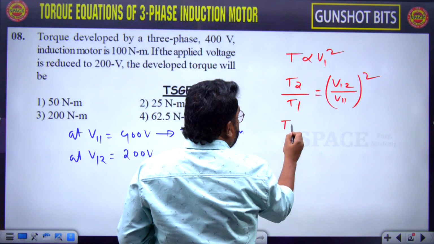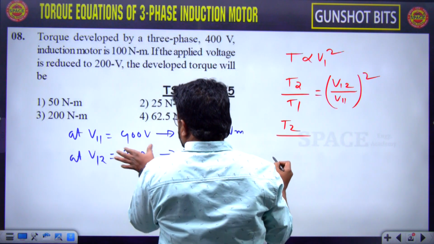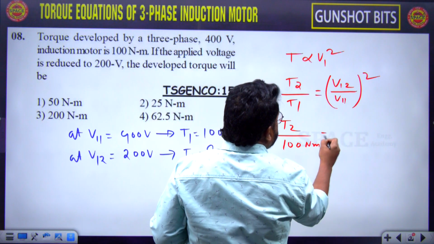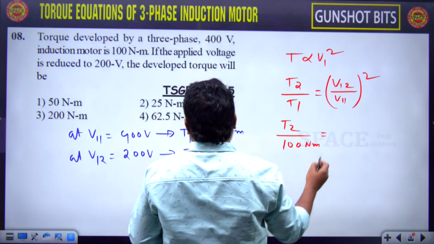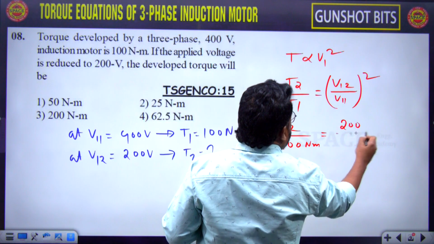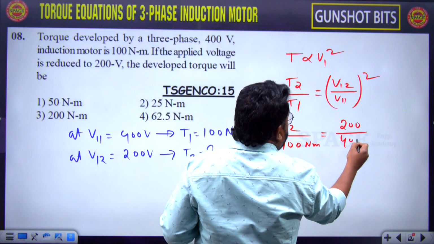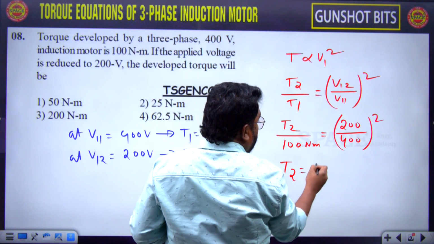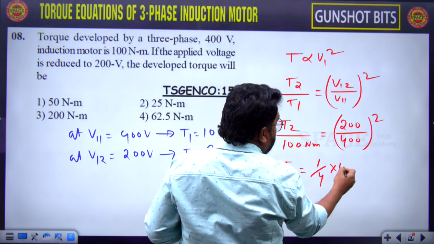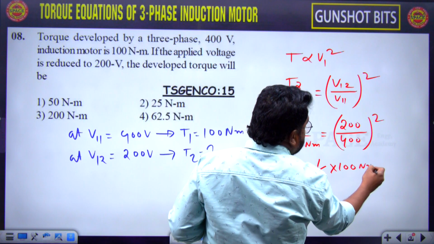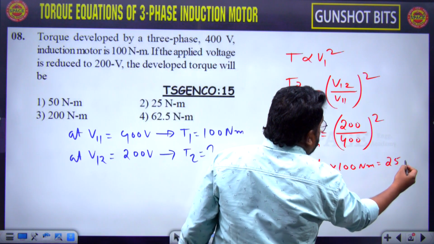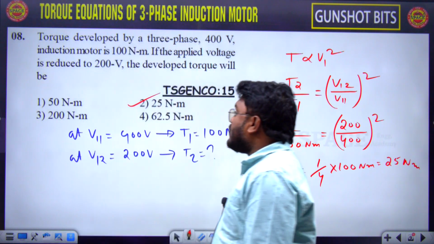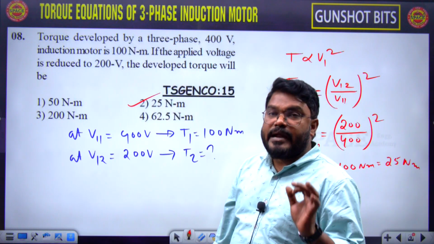T1 is 100 Newton meters, and the applied voltage in the second case is 200 divided by 400, whole square. So 1 by 2 squared, T2 is equal to 1 by 4 multiplied by 100 Newton meters, which is equal to 25 Newton meters. So the answer for this question, 25 Newton meters, is the right answer.